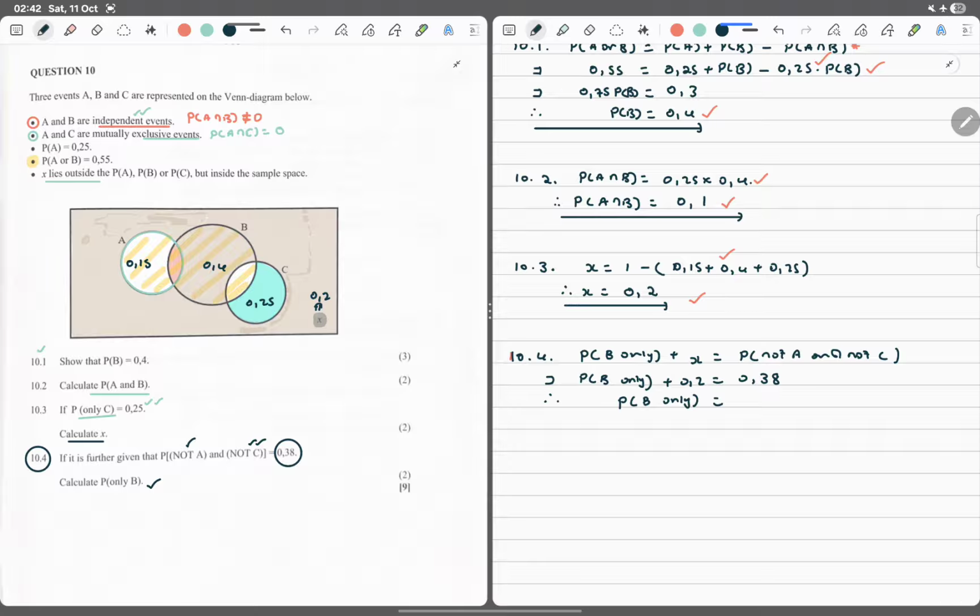This is going to be basically 0.38 minus 0.2. So this is going to be 0.18. All right, so guys, that is the probability of B only.